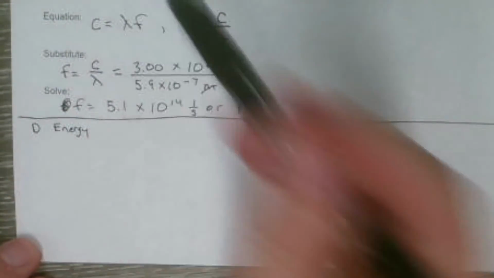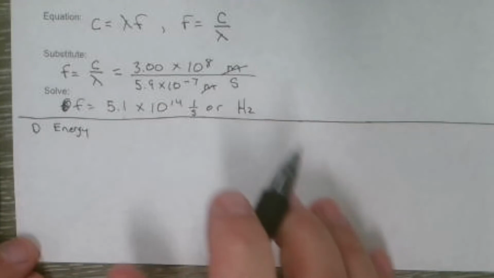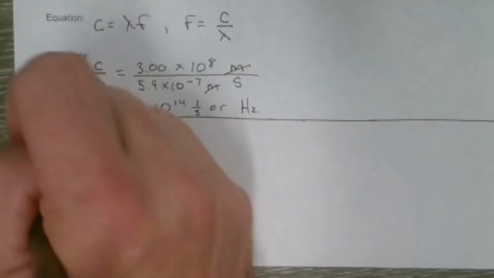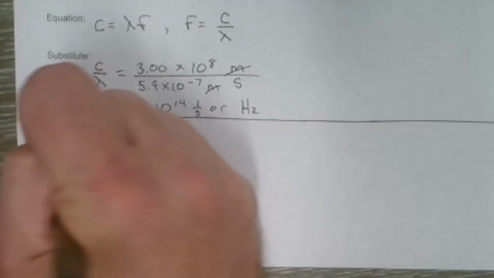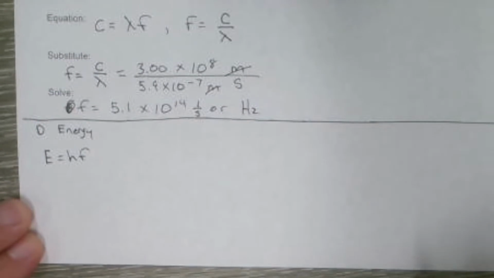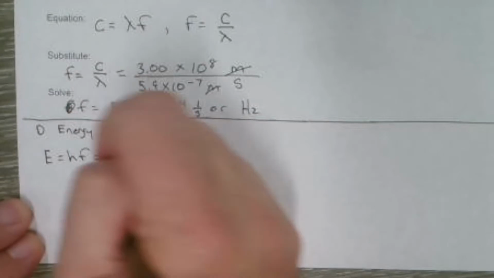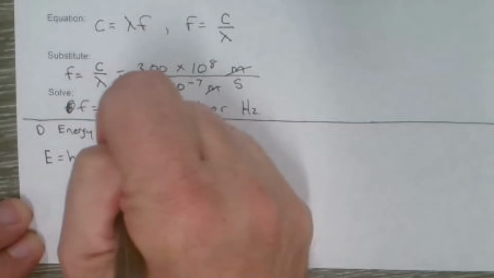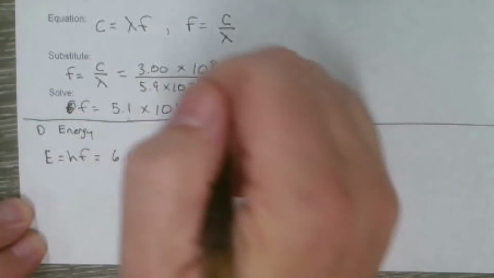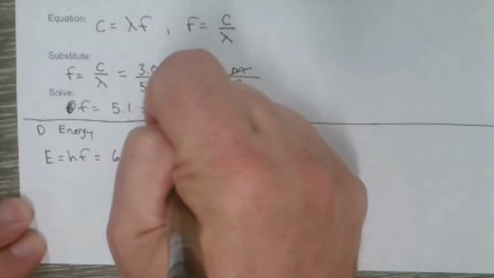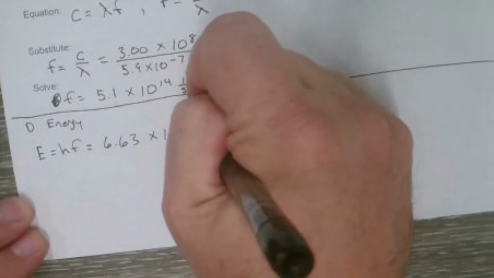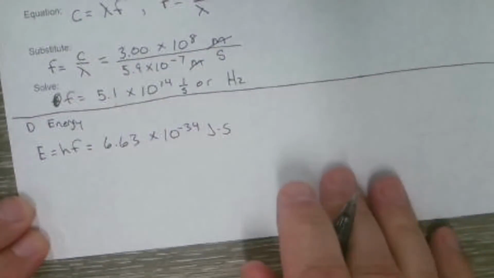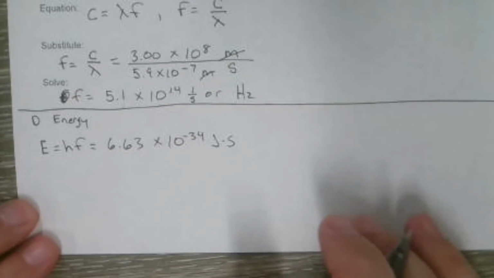This is a very valuable method, but to complete the rest of the work, really all you need is to just show what you're doing. So we know that energy is equal to Planck's constant times frequency. So Planck's constant is 6.63 times 10 to the negative 34, and the unit is a joule second. So a joule times a second.